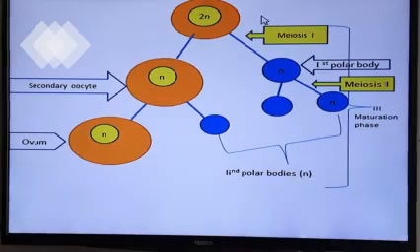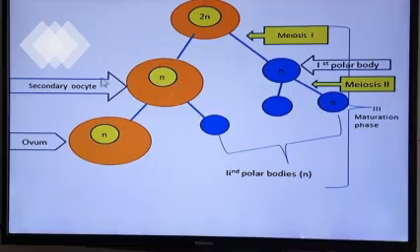In this maturation phase, the primary oocyte is divided into a secondary oocyte and another one, the first polar body. This division takes place meiotically.